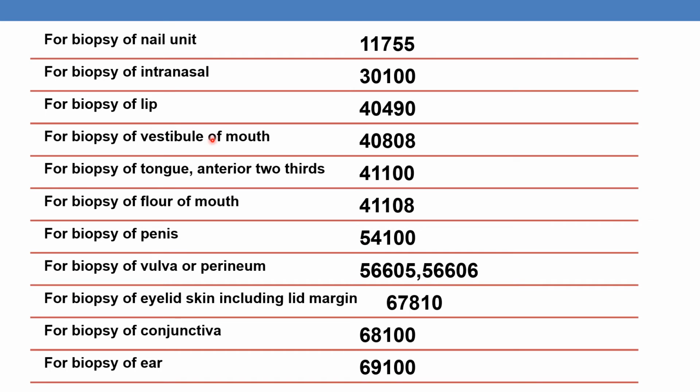For biopsy of lip you need to give the code 40490 and for biopsy of vestibule of mouth the code is 40808, and for biopsy of tongue anterior 2/3 the CPT is 41100, and for biopsy of floor of the mouth the CPT is 41108, and for biopsy of penis it is 54100, and for biopsy of uvula or perineum the codes are 56605 and 56606.